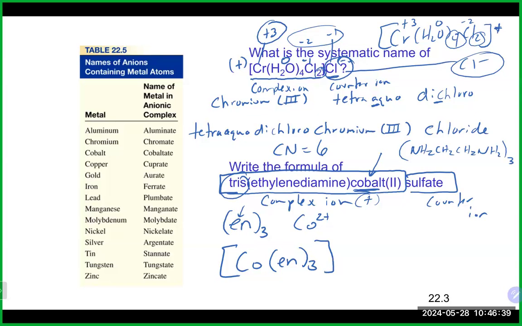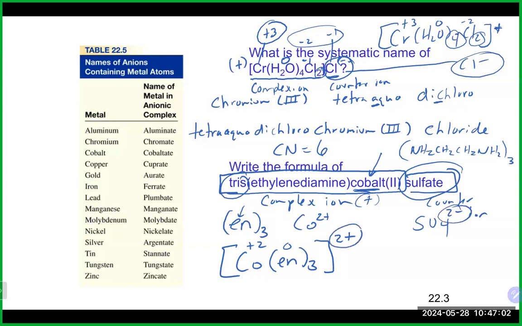Now, if I just look at the complex ion part, this en is neutral. The cobalt is +2, which means overall, my complex ion has a +2 charge. And that's really important because we need to figure out how many of our counter ions we need. In this case, my counter ion is sulfate, which has a -2 charge.